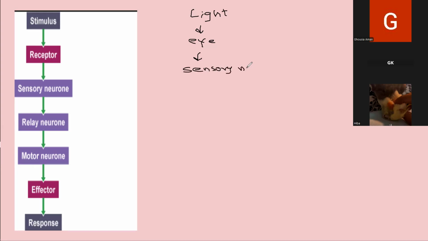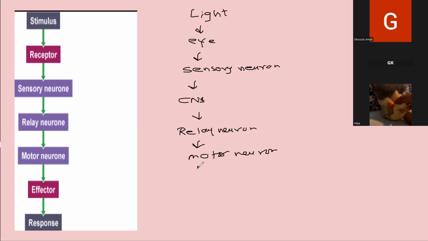From sensory neuron, it will be going to your central nervous system. From central nervous system, the response is now generated to the relay neuron. From relay neuron, it comes to the motor neuron.